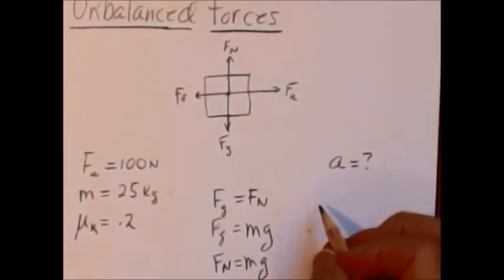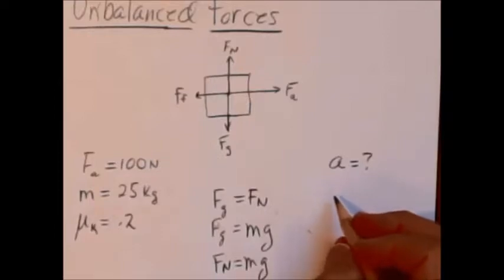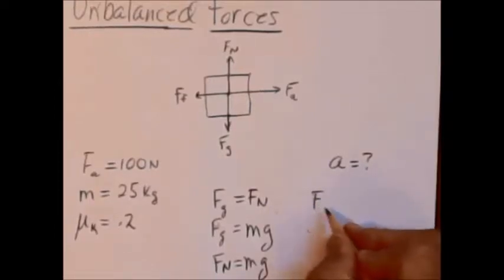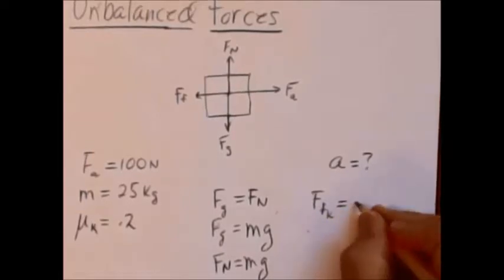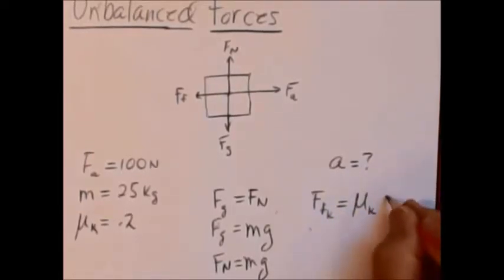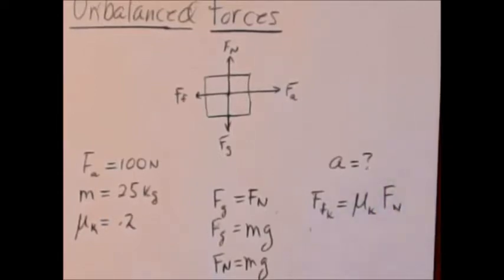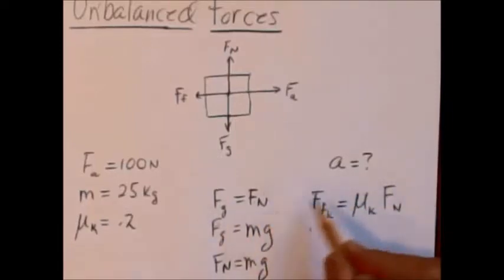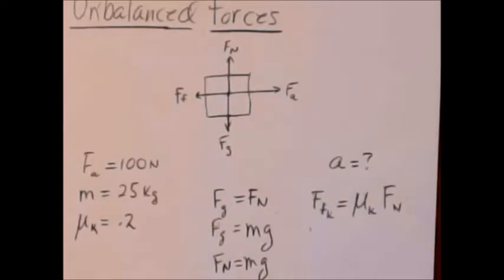Some other relationships that we need to keep in mind, since this is a situation where we have kinetic friction, the force of kinetic friction is equal to the coefficient of kinetic friction times the normal force. Okay? None of these have the A that we're looking for. The A actually comes from Newton's law, which says that the net force on the object is going to cause the object to accelerate proportionally in accordance with its mass.